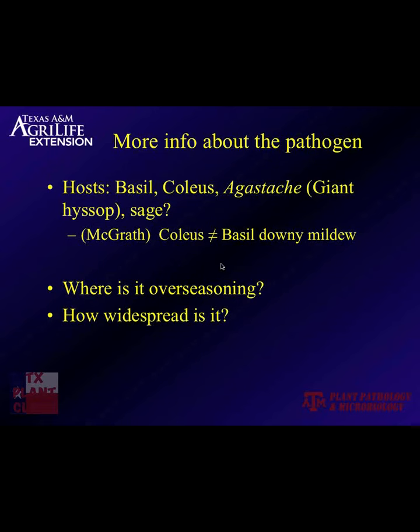I'm assuming that that's new information that has not been published, because the only thing that I found in my readings in the past year or so had been one that has mentioned that the Basil Downy mildew is genetically different than that found on sage. So there's quite a bit of information out there in terms of work being done.